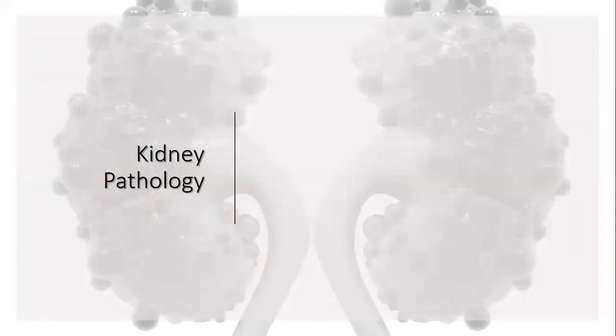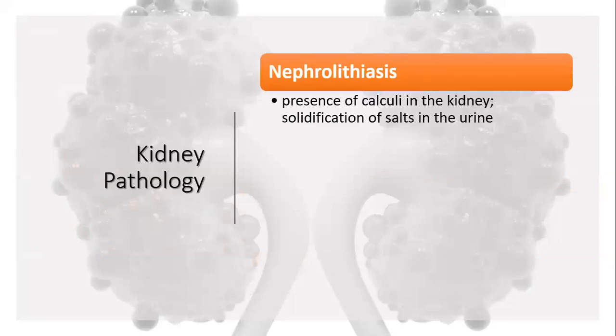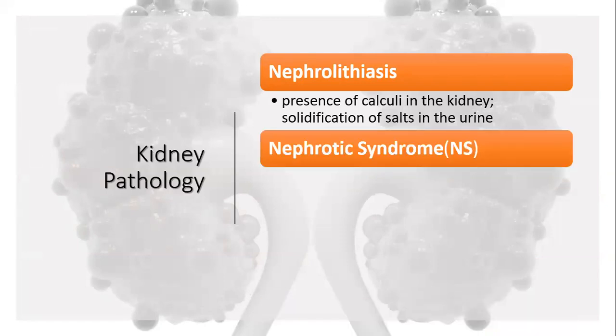Kidney pathology: nephrolithiasis, presence of calculi in the kidney, solidification of salt in the urine. Nephrotic syndrome, damage to the glomerulus so protein appears in the urine.